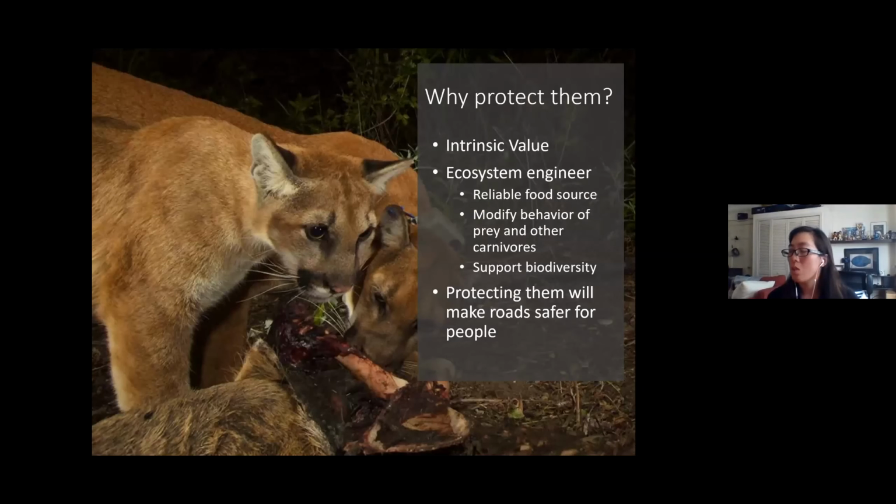So some of you might be wondering, well, okay, maybe they're struggling and they're not doing well, but why should we protect them? There are several reasons. I'm sure there are lots more reasons than what I have up here on the slide. But one reason is just their intrinsic value. They're an iconic species.